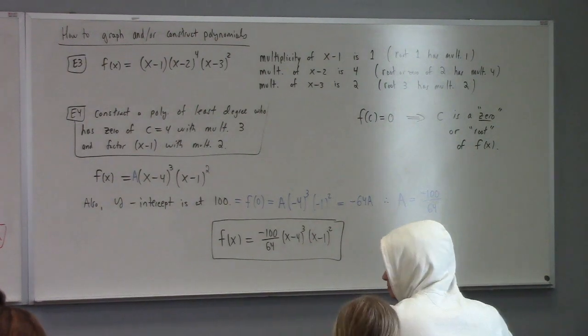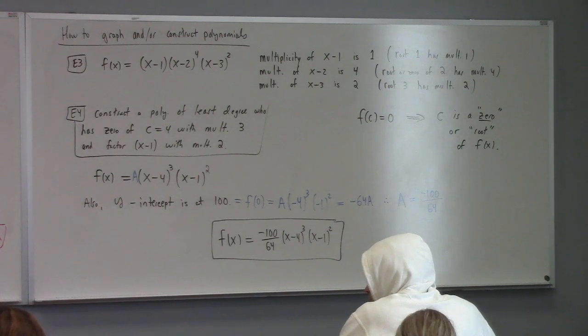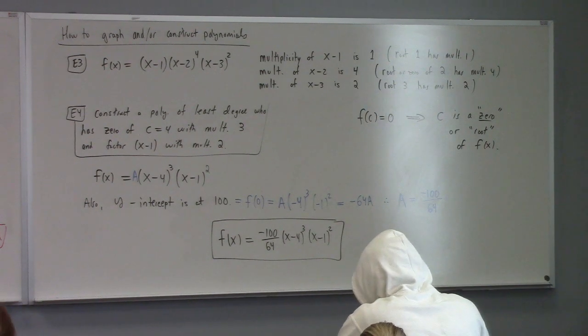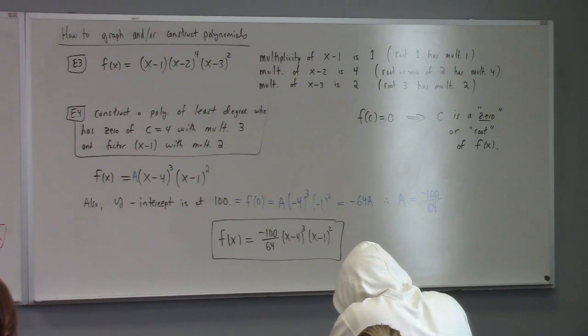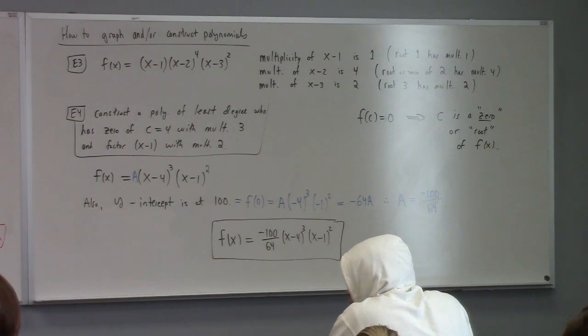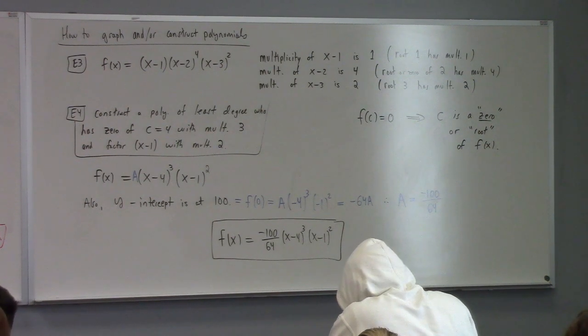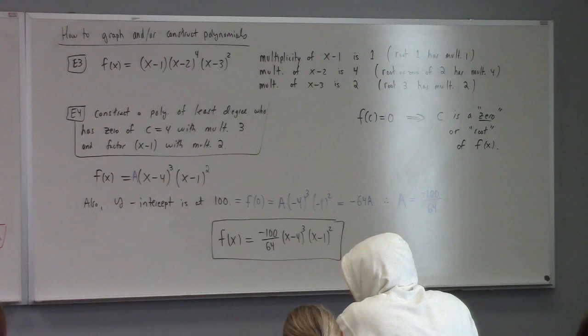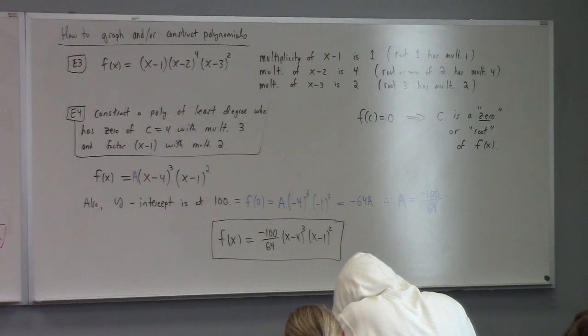Example 5. How about this? Find f of x such that f of minus 2 plus 3i is equal to 0, f of i is equal to 0, and we have f of 3 equals 0, multiplicity 2, and that should do it.